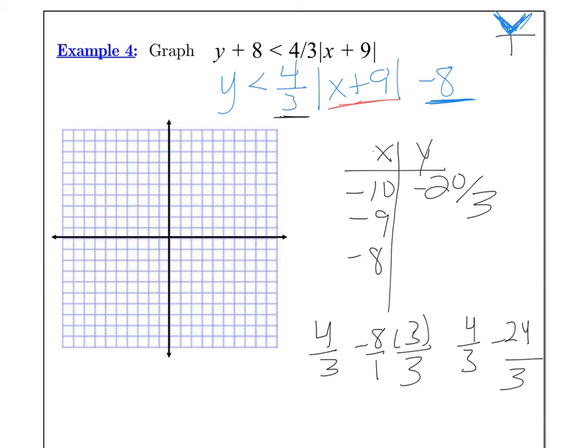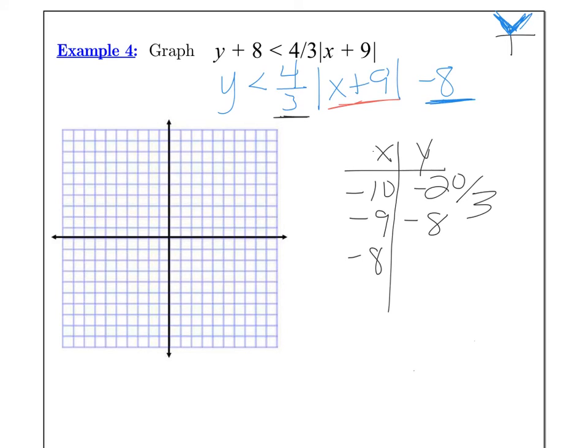All right. Then I'm going to plug in negative 9 into my inequality. And if I plug in negative 9, I'll get 0. 0 times 4/3 is 0. And then I get negative 8, just where I thought my vertex would be. And if I plug in negative 8, negative 8 plus 9 is 1. 1 times 4/3 is 4/3.